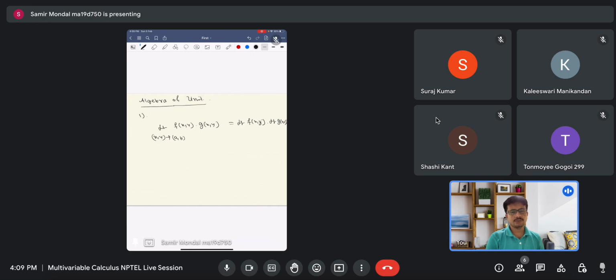This is the same as one variable. Subtraction, addition, multiplication, everything follows similarly to one variable functions. So I will not go into these things.